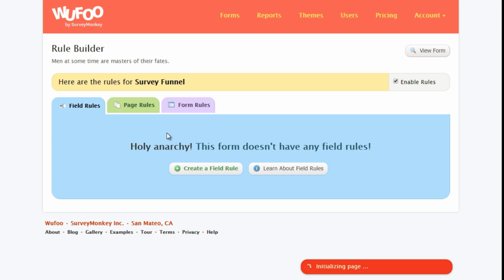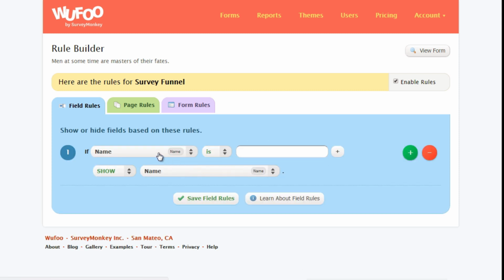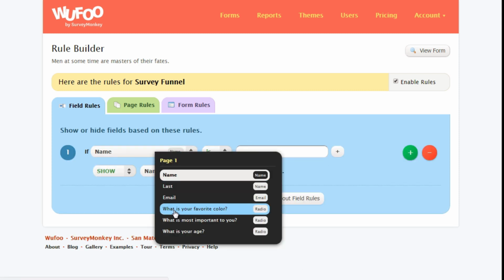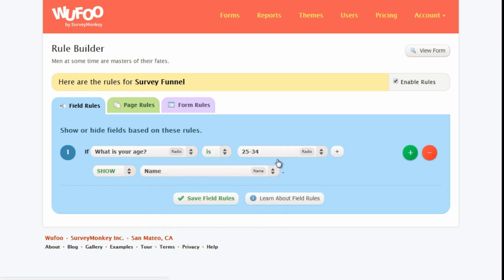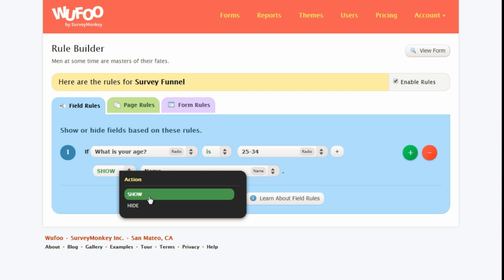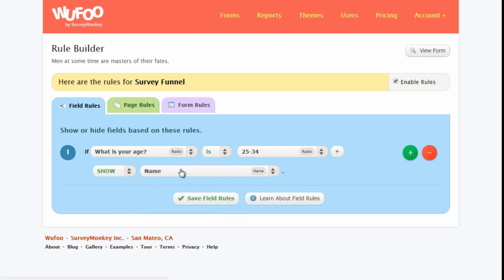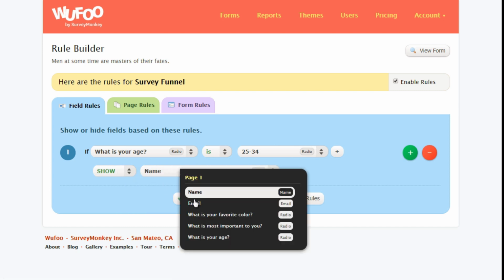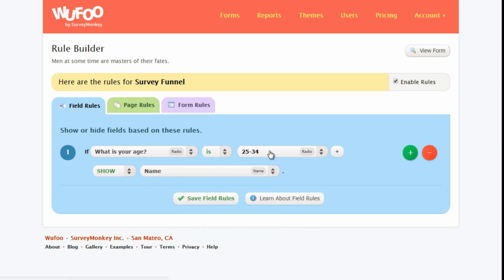Going back over here, we can create a field rule, and we can say if age is 25 to 35, then do what? We could either show something else, like another question based on what they choose, and that will allow you to customize the survey as well. So we could do that.